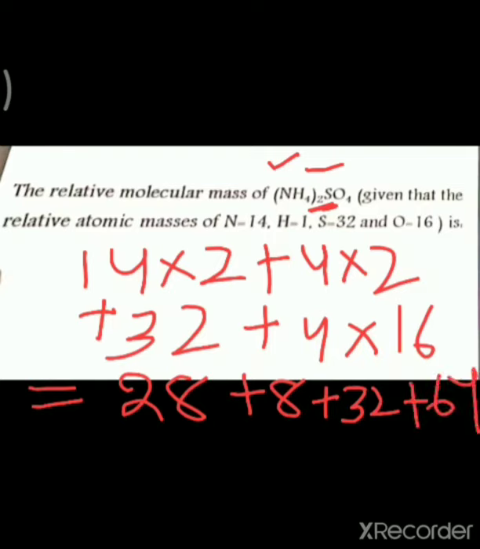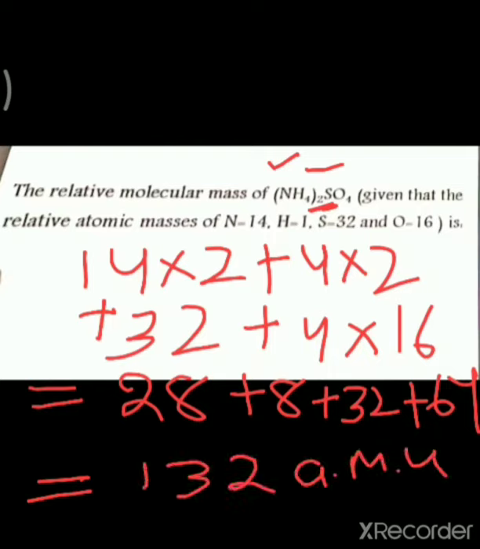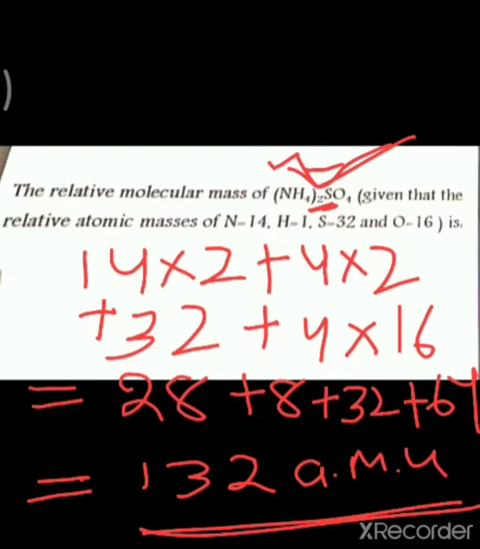If you calculate all this, it will come to 132 AMU. So the relative molecular mass of this compound is 132 AMU.